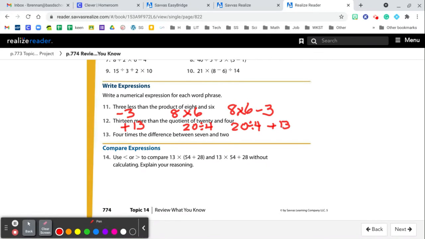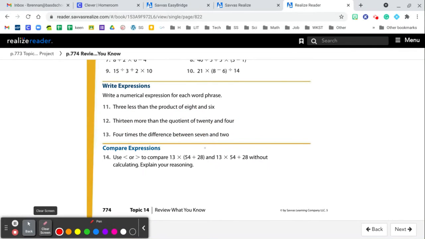Don't make the error of writing the numbers in order as they appear, because they are not always in order as they appear in the sentence. 4 times the difference between 7 and 2. That one, 4 times the difference of 7 and 2, has the 4 first. And you didn't have to solve them, you just have to write them.